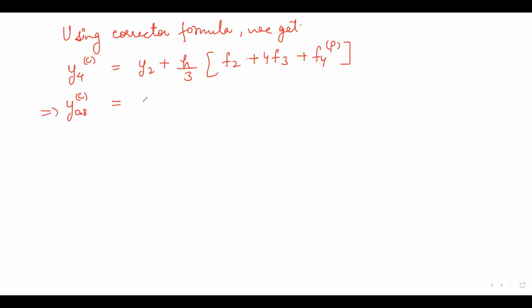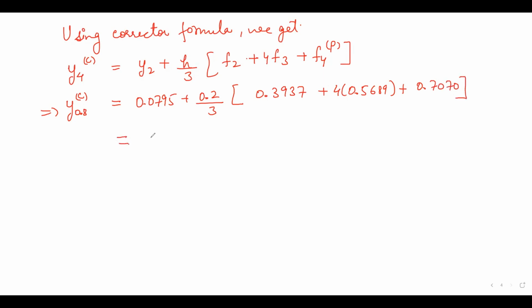So I'll get here y2 is 0.0795, f2 plus 4 times f3. So f3 I'm getting here as 0.5689 plus the f4 is 0.7070. So the final answer that I'm getting here is 0.3046. So this is my answer.